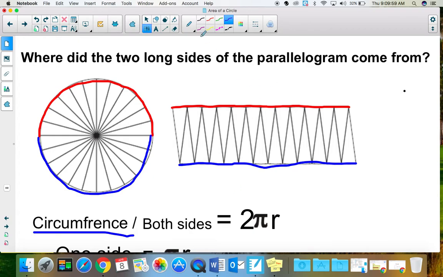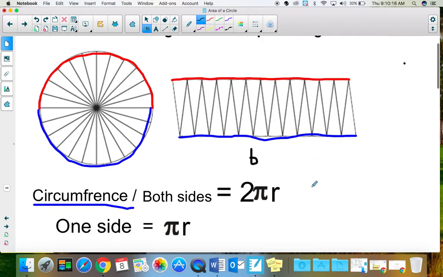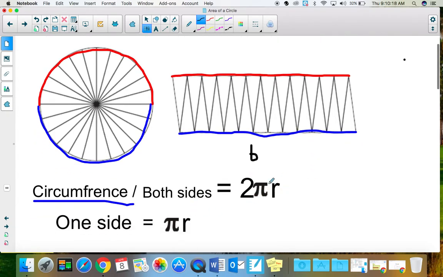I don't want to know the length, so we'll use the base. The base is just from here to here. It's not the bottom and the top, it's just from the left to the right. So how do we find out one side? Well, instead of multiplying by 2, we're just going to say one side is pi times r.